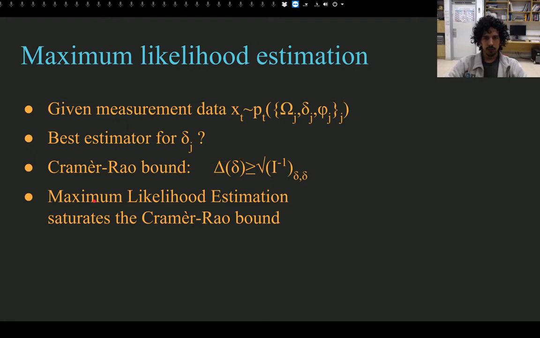Maximum likelihood estimation saturates this Cramér-Rao bound, so if we use that, then we'll eventually achieve this limit. So now the question is, how does this quantity scale when two frequencies go close to each other?